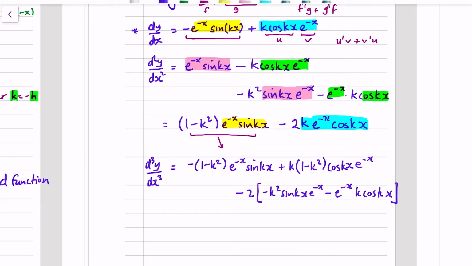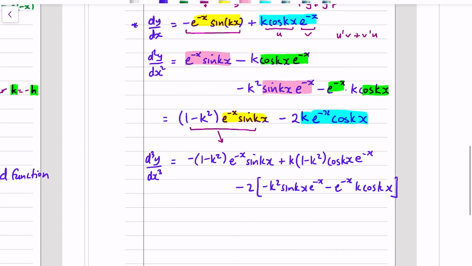Okay, I'm going to explore the implicit one in a sec. Actually, I think it might be nicer. Now we've got to put this all together somehow and collect some like terms. So do the same thing as what I did earlier with the pink stuff. We've got e to the minus x sine kx there, and we've also got it there. So those like terms go together.